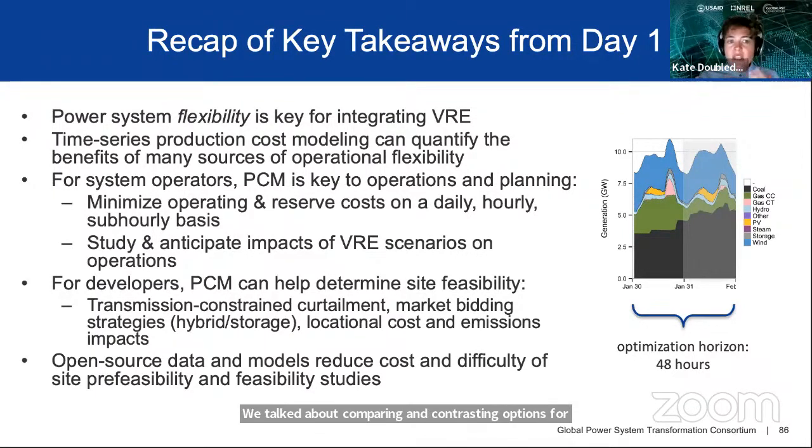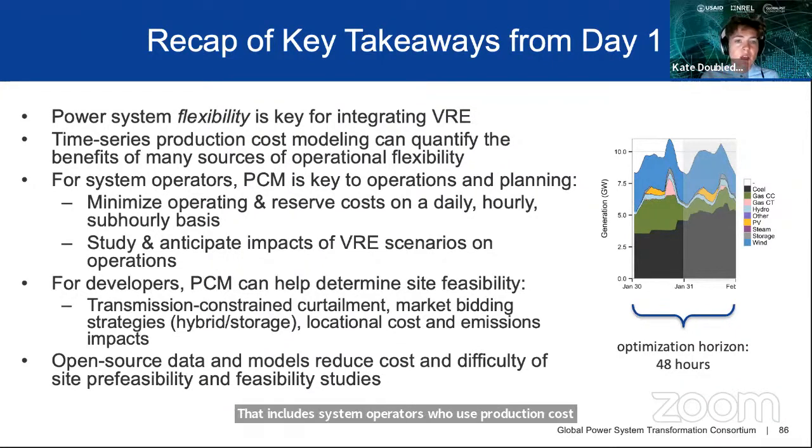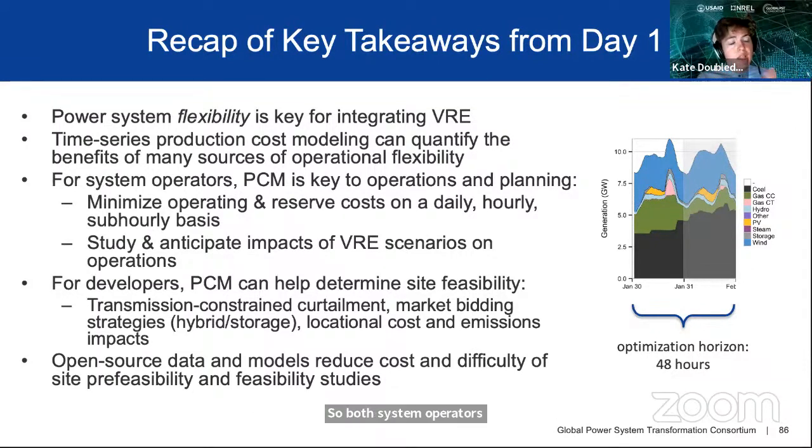We talked about the different users who might be interested in production cost modeling. That includes system operators who use production cost models on a daily, hourly, and sub-hourly basis to run their operations, but also use PCM in a planning context. So both system operators and policymakers might be interested in that type of workflow.